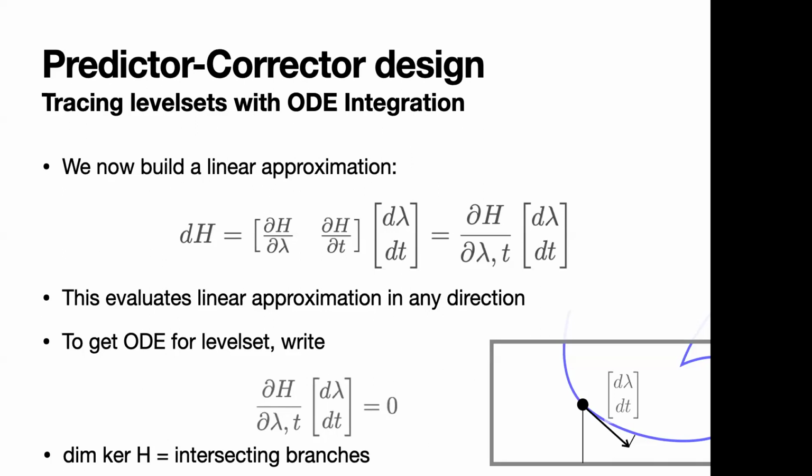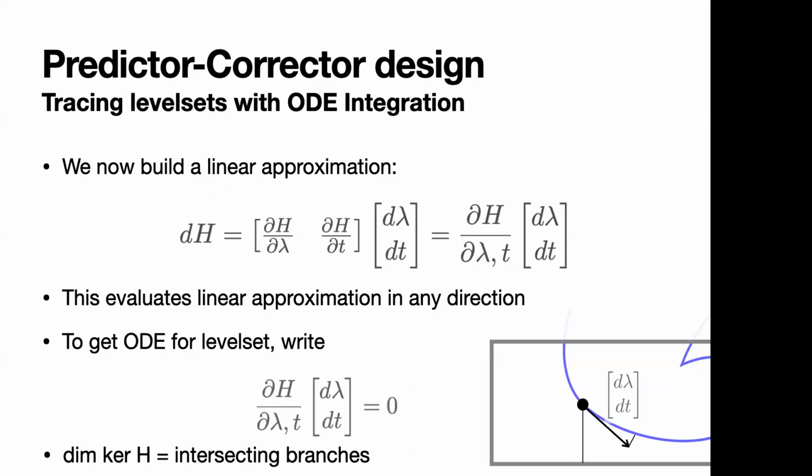But if you have multiple branches, there are going to be many vectors that, when you multiply by the full Jacobian, give 0, and they're linearly independent. That's one way of doing the analysis, usually stability theory or bifurcation theory.